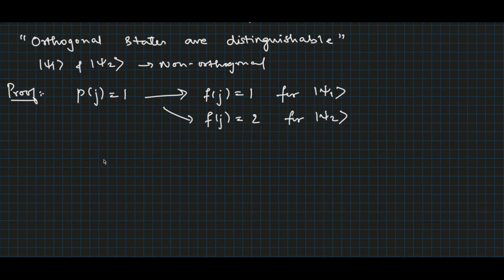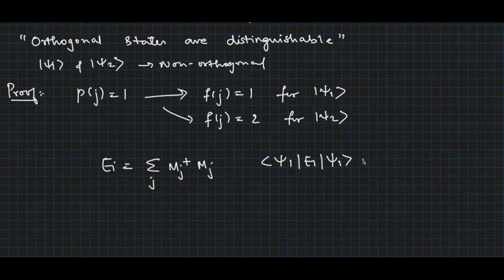Now we define E_i, which is equal to summation over j of M_j dagger M_j, such that the average value of E_1 with respect to psi 1 state is 1, and the average value of E_2 with respect to psi 2 state is 1.